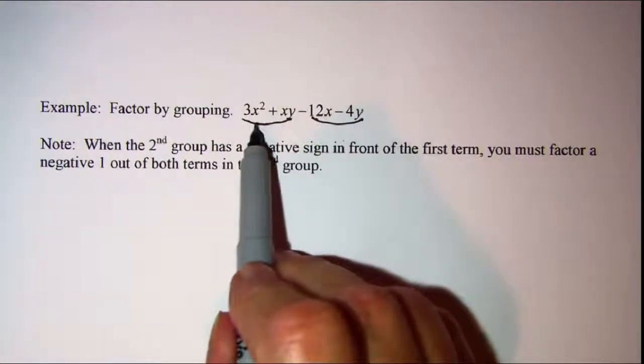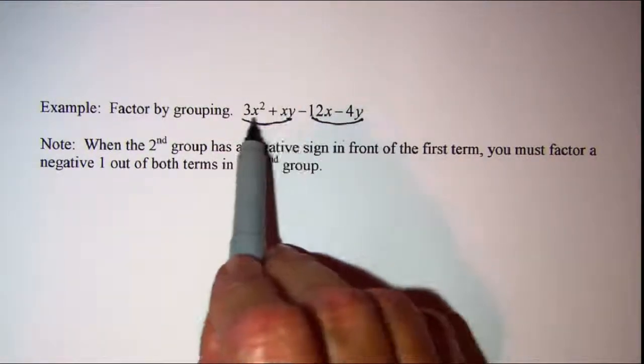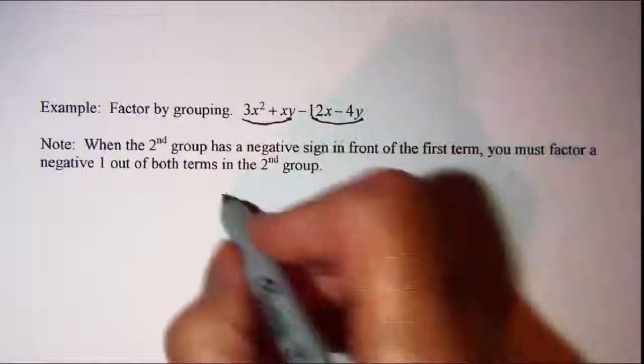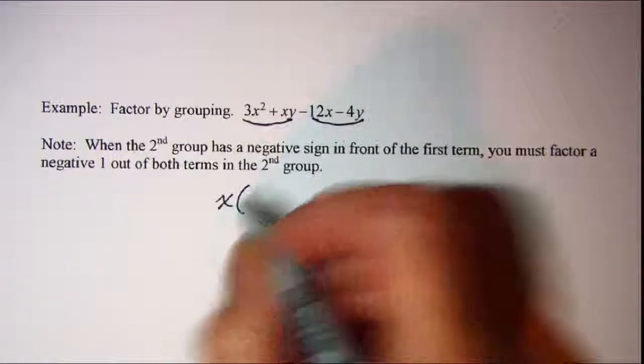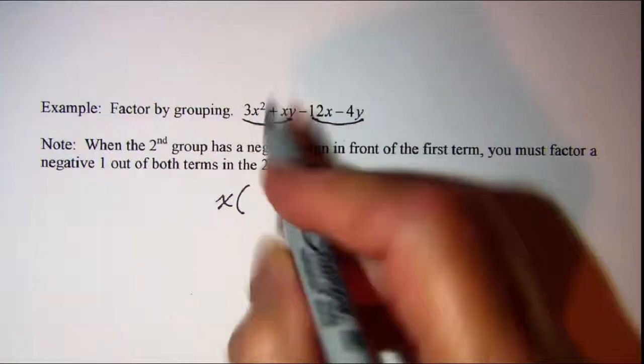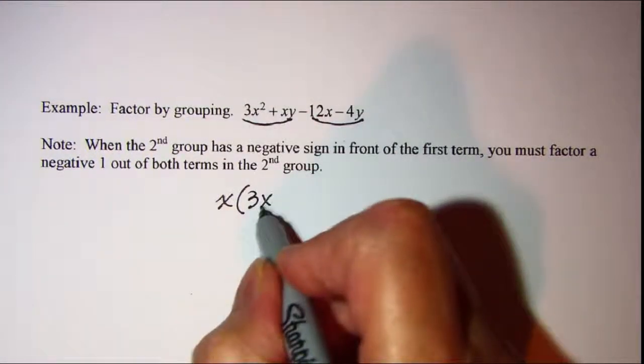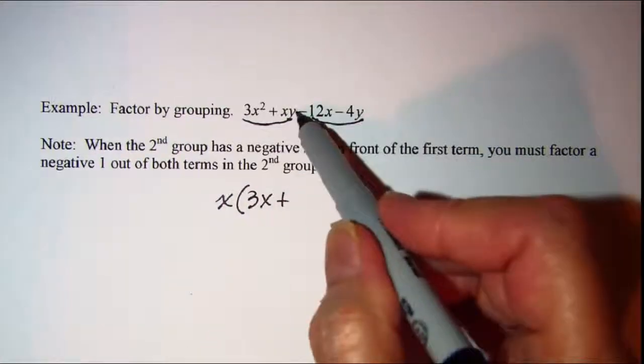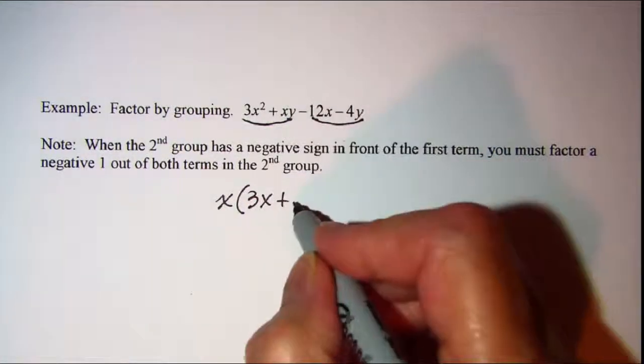So for our first pair, we can see that we have x common to both terms. So I'll factor an x out, and when I divide my first term by x, I get 3x plus, and then xy divided by x is y.